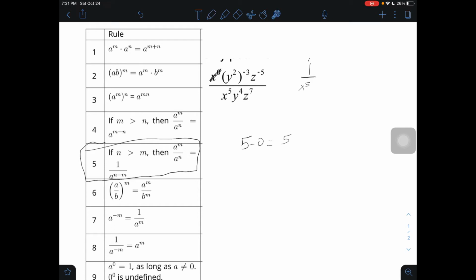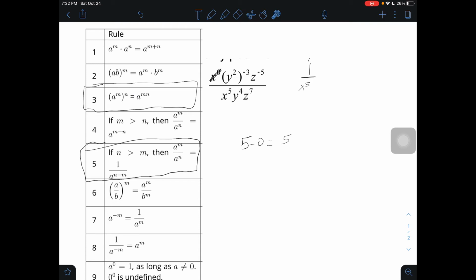Next thing we have to do is our y to the power of 2, which is also to the power of negative 3. We can see that rule number 3 explains how to do this part. It states that if there is a coefficient or a variable, a, to the power of m in parentheses, and there's another exponent n right outside the parentheses, then m and n would be multiplied, and that would become the exponent for a.